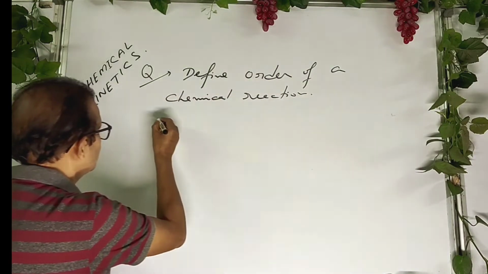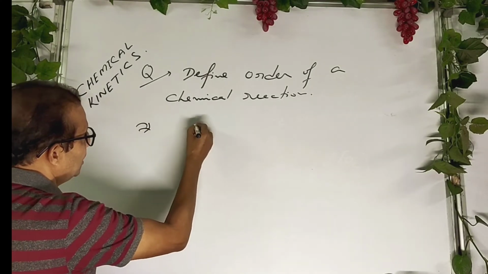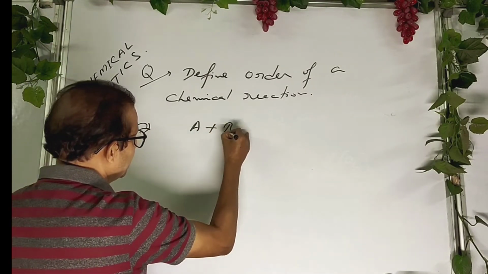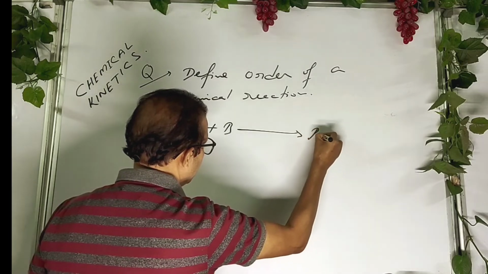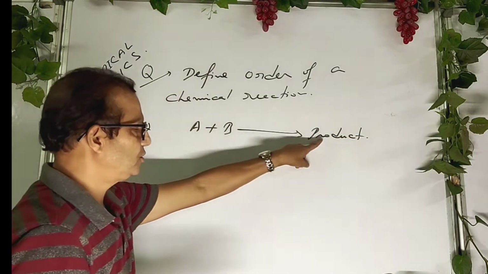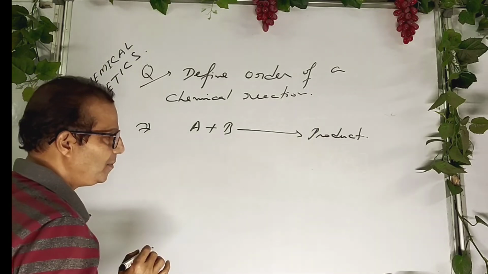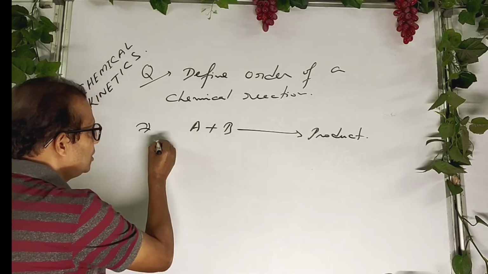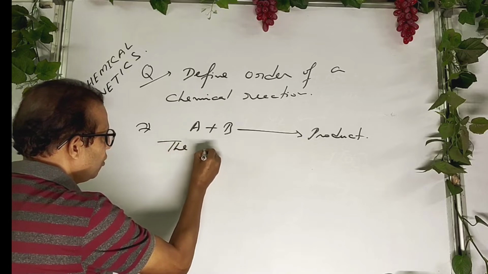Say, this is a reaction A plus B changes to product. Reactants changes to product. Remember it, for any reaction there is one rate law equation.